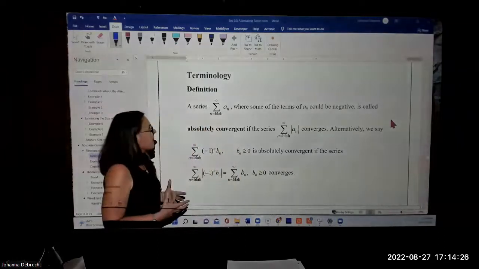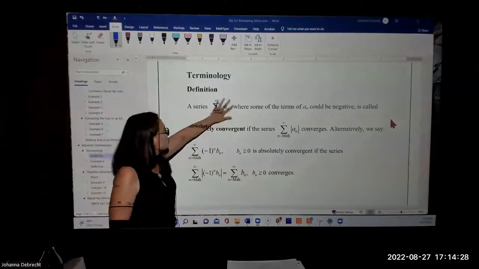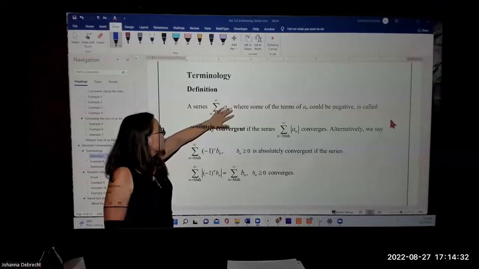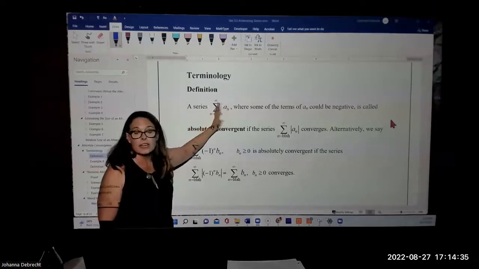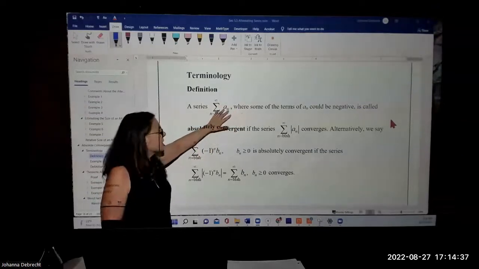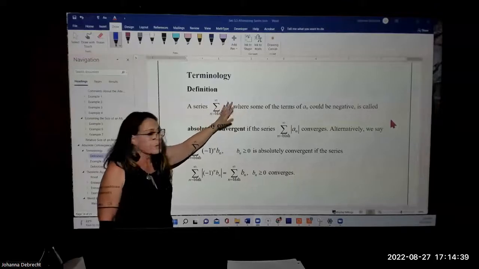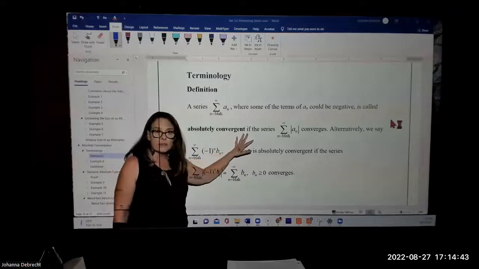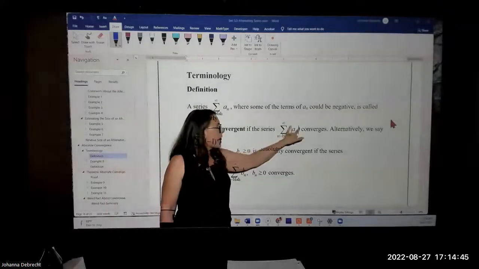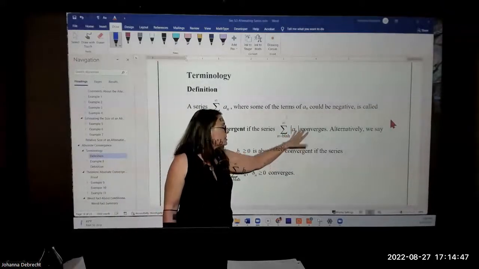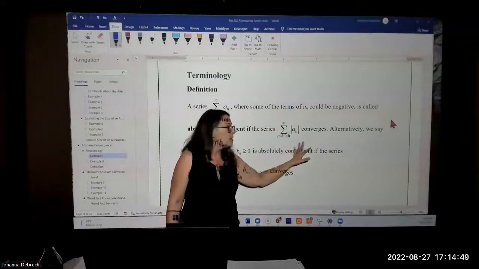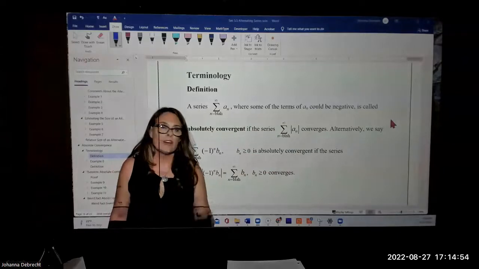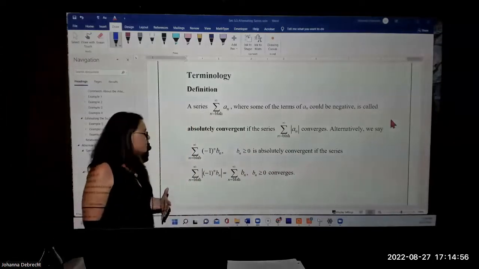What we mean by that is we take some series where a sub n is the sequence on which it's based, and some of the a sub n could be negative, could be every other one like an alternating series, or maybe not every other one, just some of them. And we call it absolutely convergent if taking the absolute value of the summand still results in a series that converges. The sequence of partial sums approaches a finite real value.